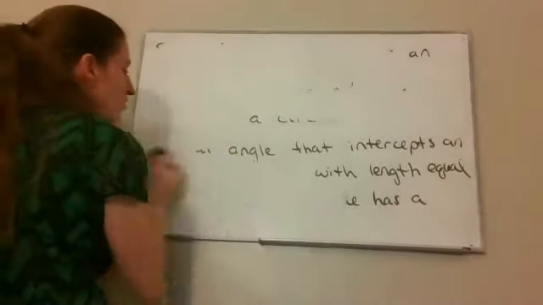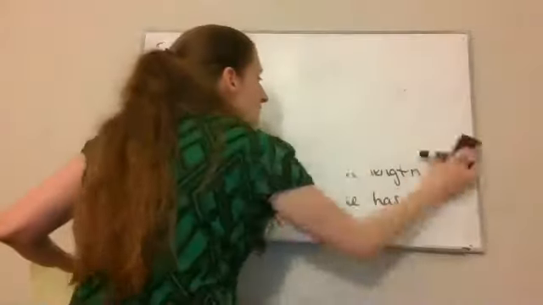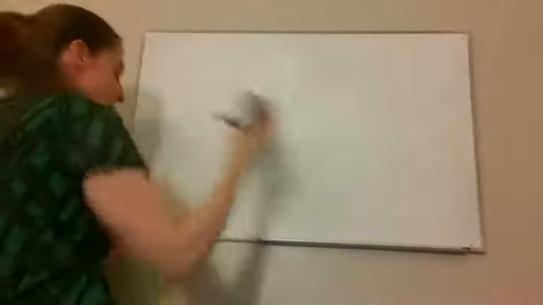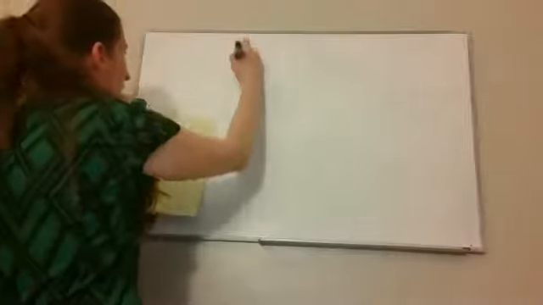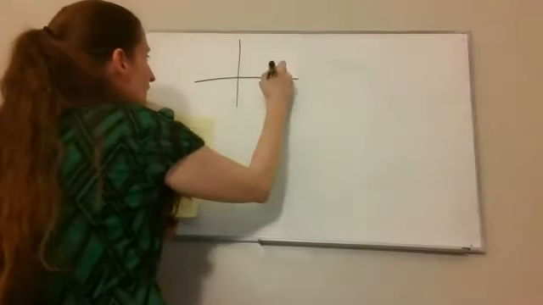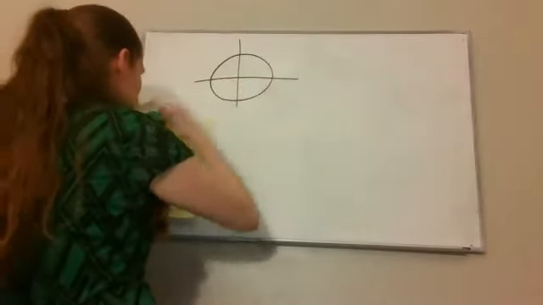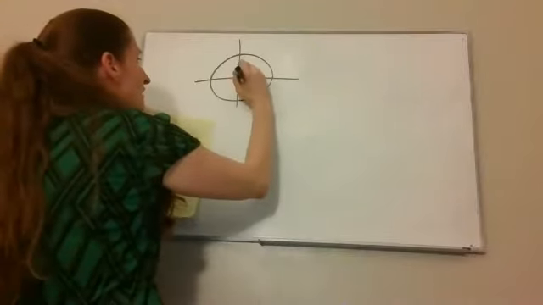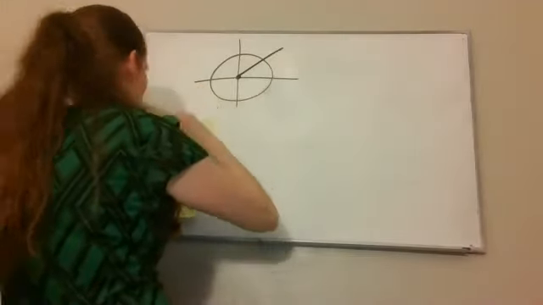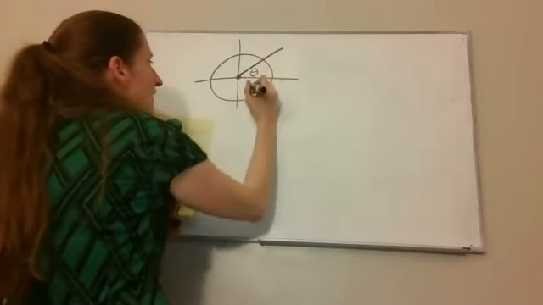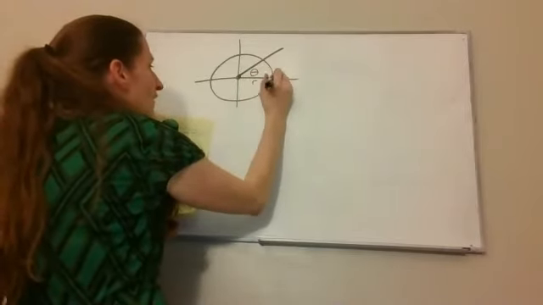Let me just draw a picture of what it's talking about. This is an approximate picture. If I have a circle, and I'm talking about a central angle, here's my angle theta. This is the radius of my circle.